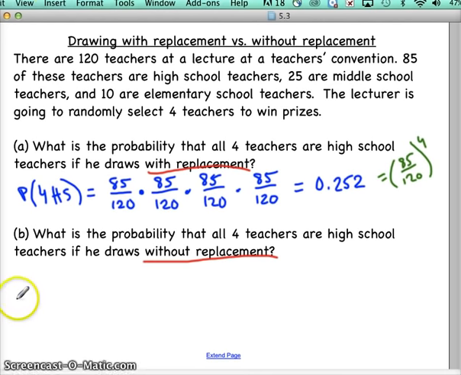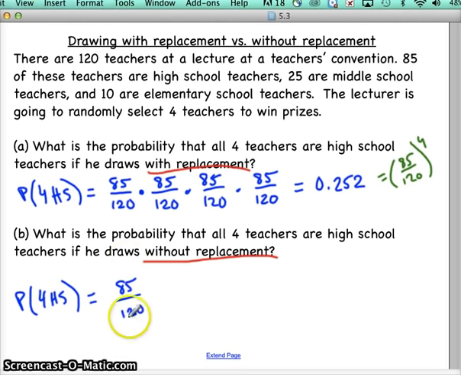Okay, but now this time we're not going to replace. So the first time we draw, we have an 85 out of 120 chance of being chosen. But now that card is out. So now there's only 84 high school teachers left, and there's only 119 cards in the hat.